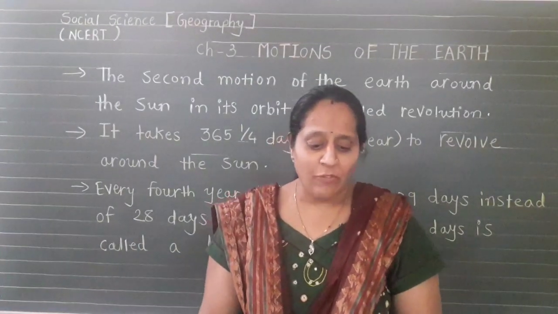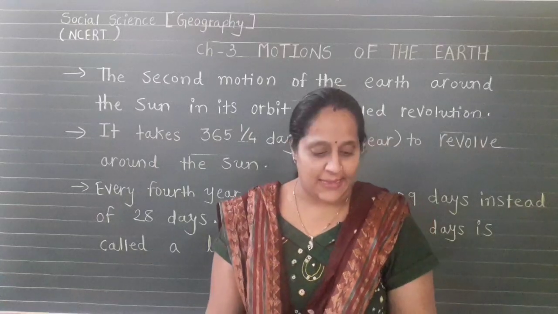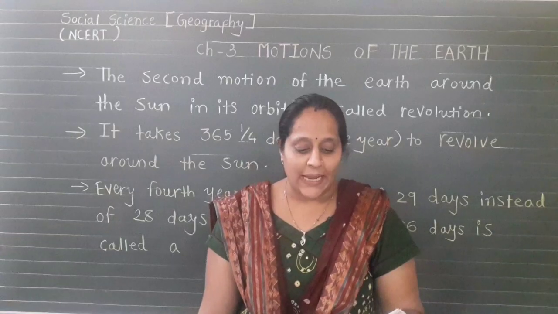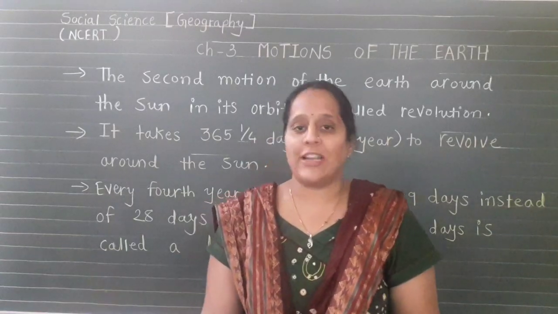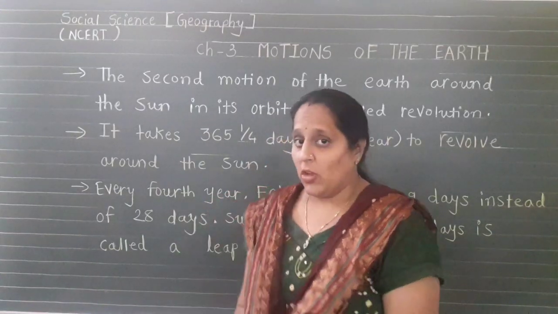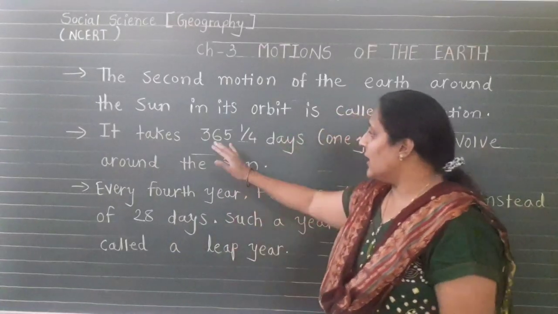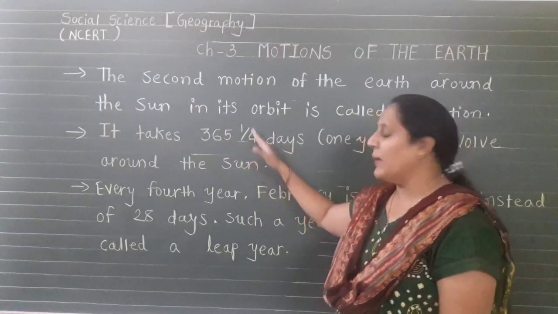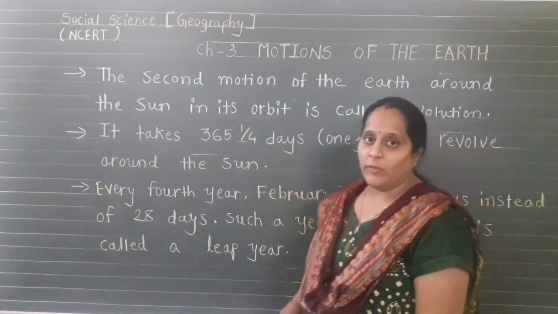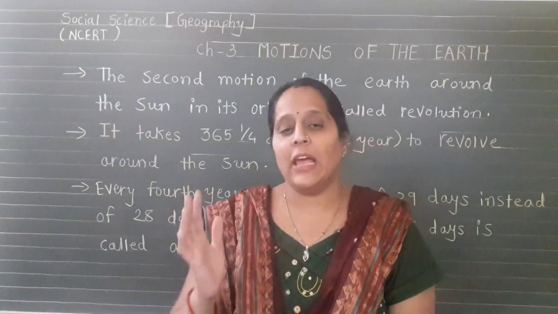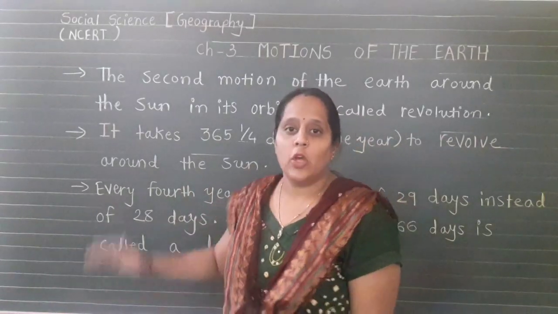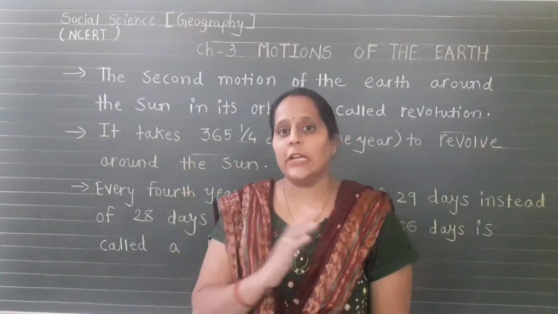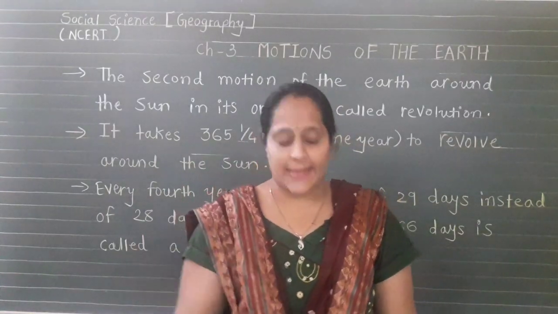We consider a year as consisting of 365 days only and ignore 6 hours for the sake of convenience. Yes, for the revolution our Earth takes 365 days and 6 hours. 6 hours means 1/4 of a day: if we consider a day as 24 hours, we divide 24 by 4, which is equal to 6 hours.